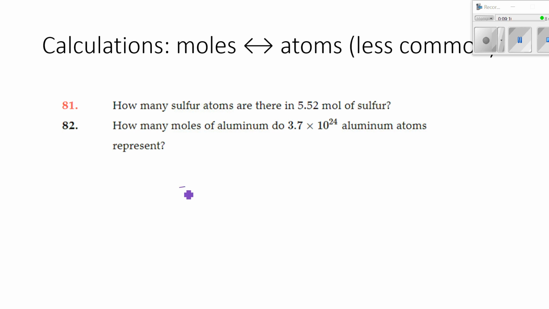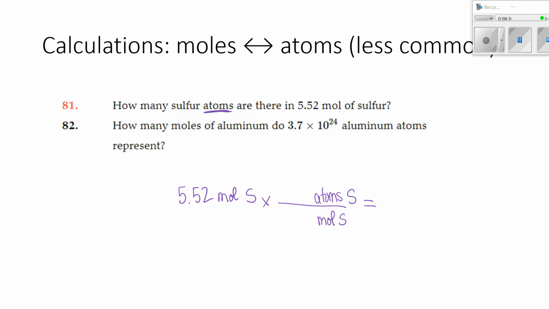So let's say you had 5.52 moles of sulfur, and I want to figure out atoms. If I'm using dimensional analysis, I want to convert from moles of sulfur to atoms of sulfur.